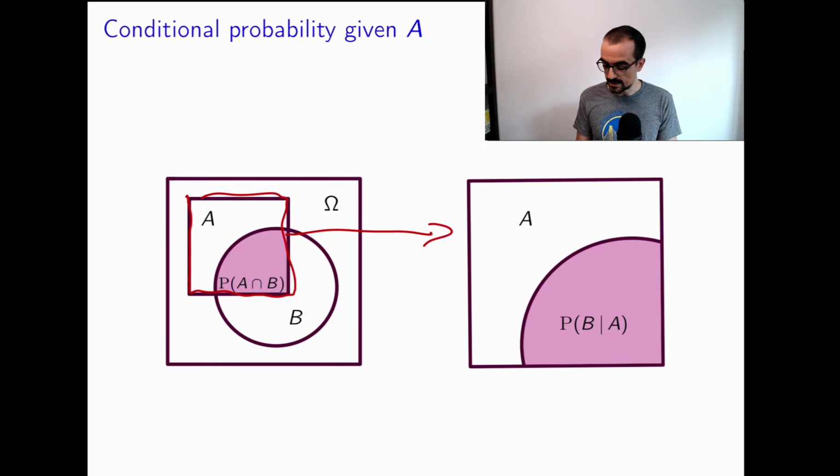Now, if we're interested in this other set B, because we know that all outcomes are going to be in A, we only pick this part of B. And when we blow it up, that part goes from having probability A intersection B to probability A intersection B divided by probability of A, because we have blown up everything by the probability of A. That's a visual representation of how we have adapted this probability space to assume that A has happened.